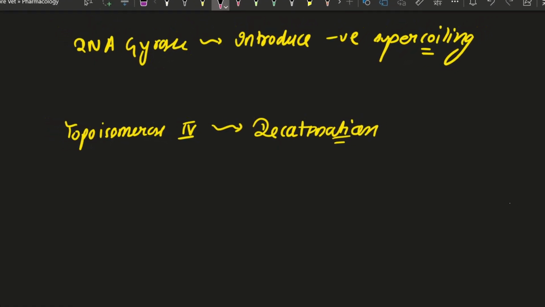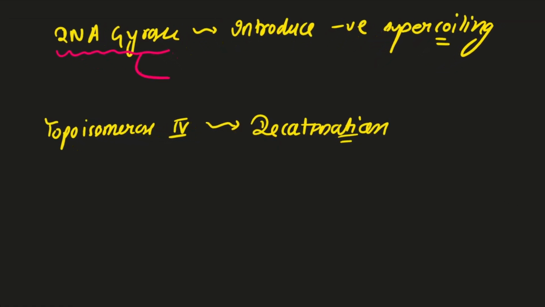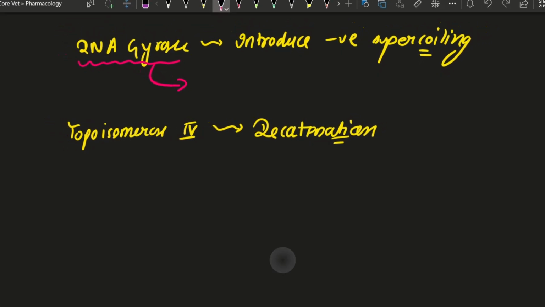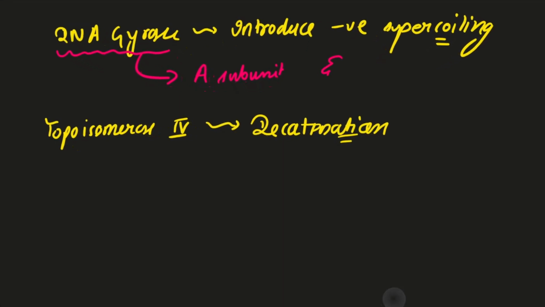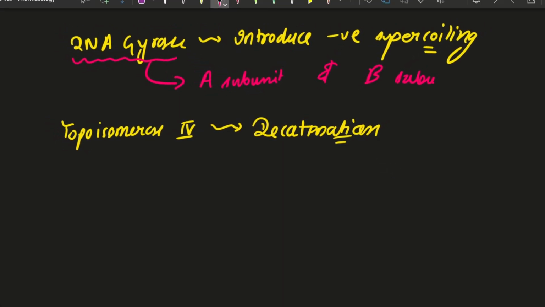There is one more point, that there are two units in the DNA gyrase. One is the A subunit and the second is the B subunit.